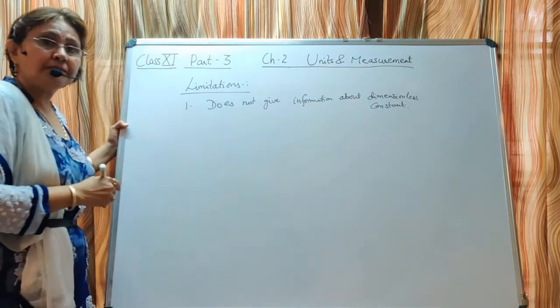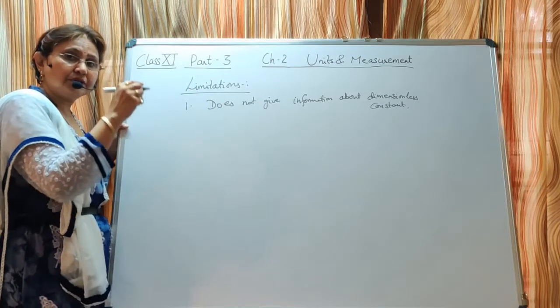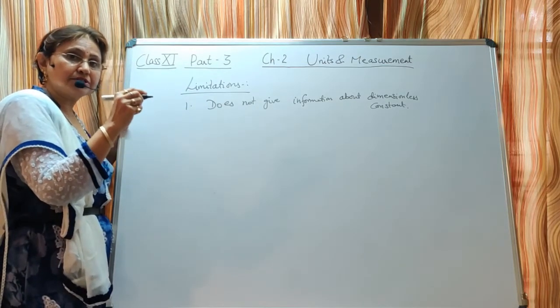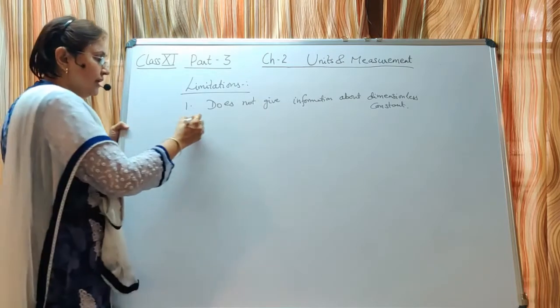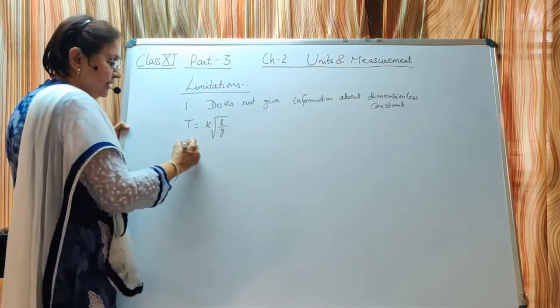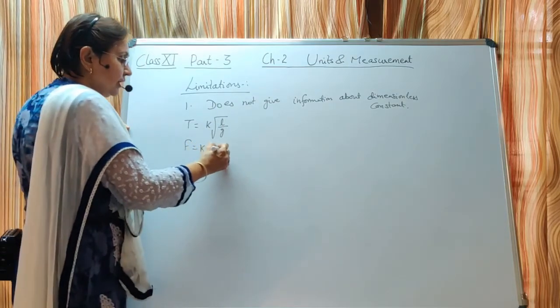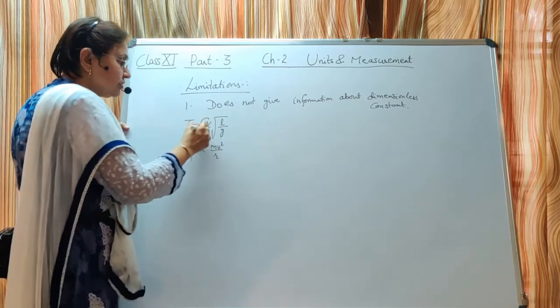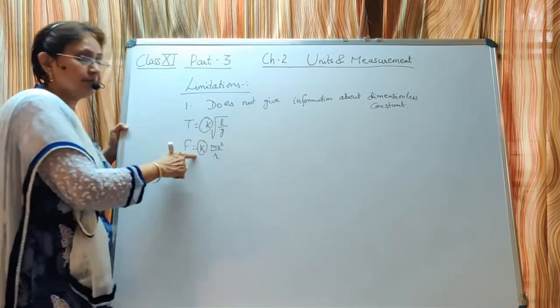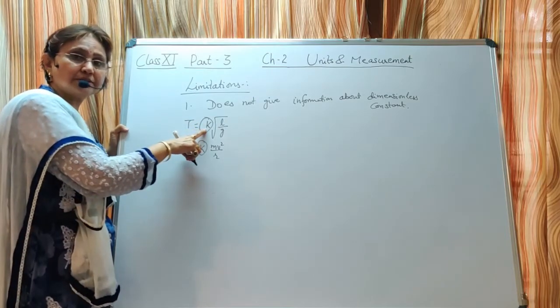For example, when we were discussing the second application, everywhere we put that dimensionless constant as k, like T is equal to k under root L by g. Then we derived the formula for the centripetal force, again it is equal to k m v square upon r. So it is not giving any information about this dimensionless constant. This is found out experimentally.